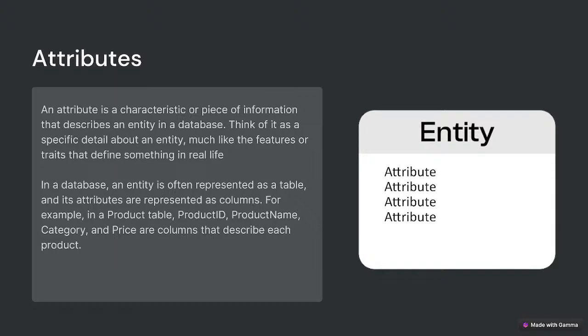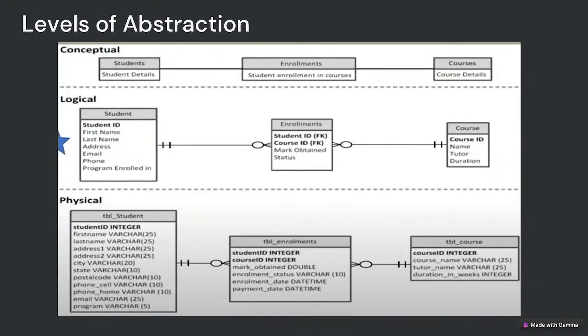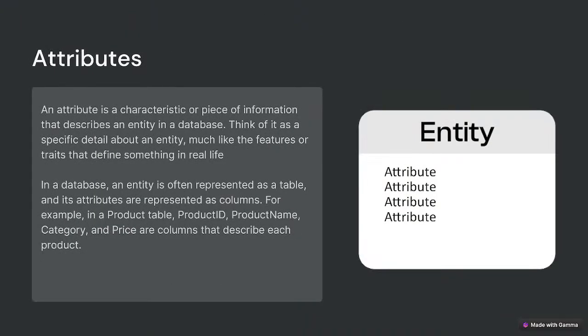So an attribute is the characteristic or piece of information that describes an entity in a database. Okay, so these are specific details about any entity or table. So an example: an entity could be products.